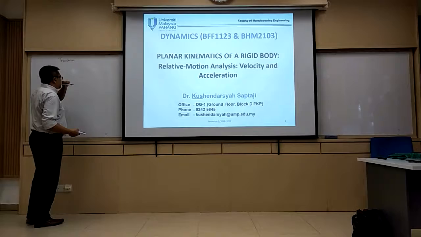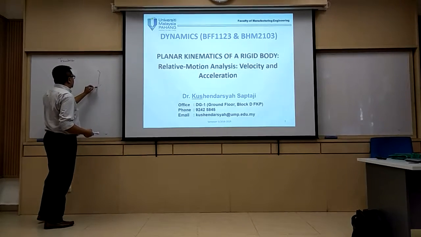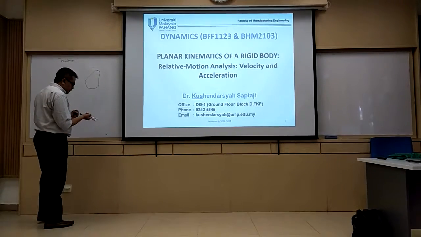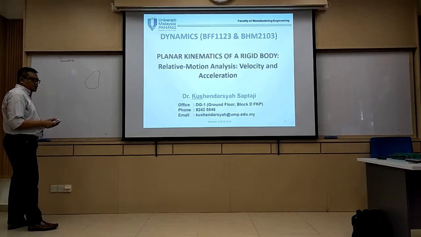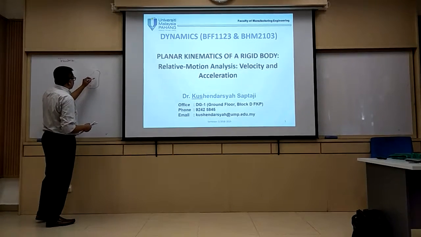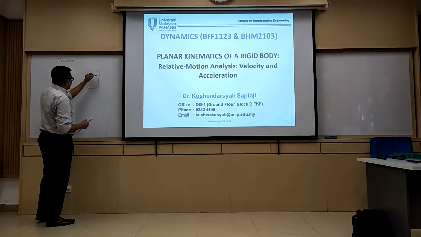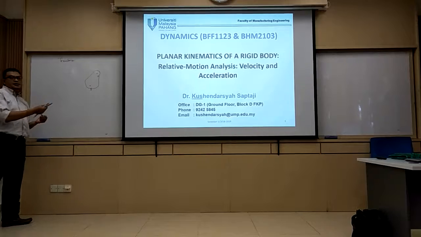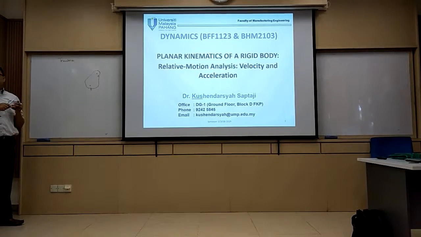Translation motion. Let's say we have a rigid body, and then we take two points on this rigid body, point A and B. So what is the characteristic of the translation motion?